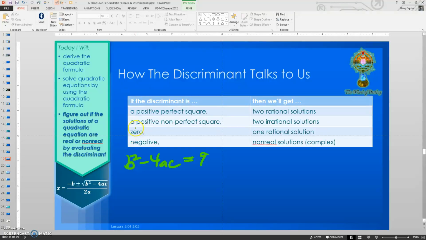We're going to have two rational solutions, kind of like we're used to. If our discriminant happens to be a positive number, but it's not a perfect square, that means we're still going to get two solutions because of that plus and minus. But our solutions are going to be irrational.